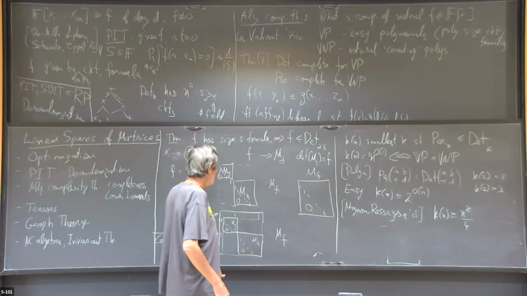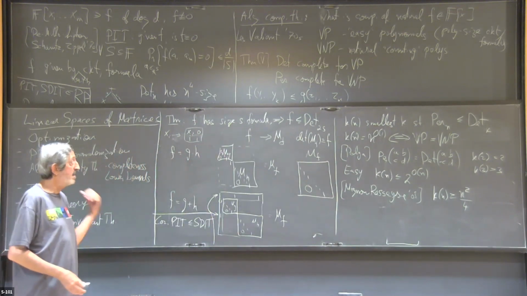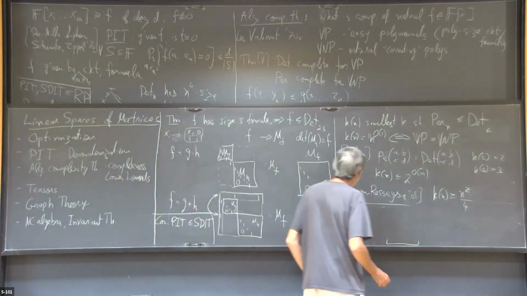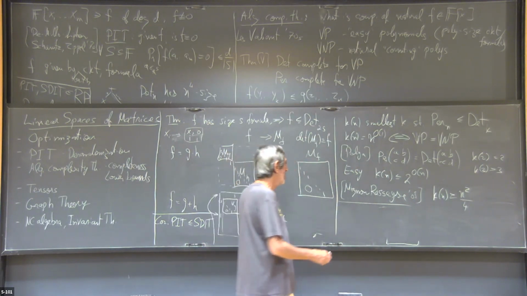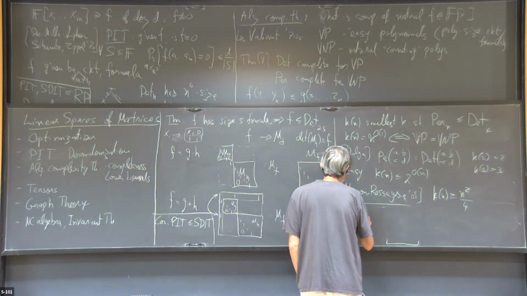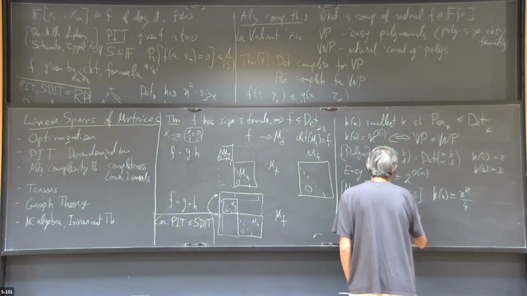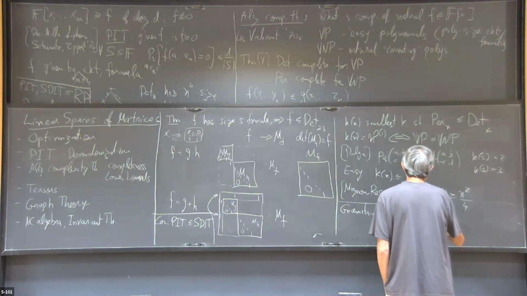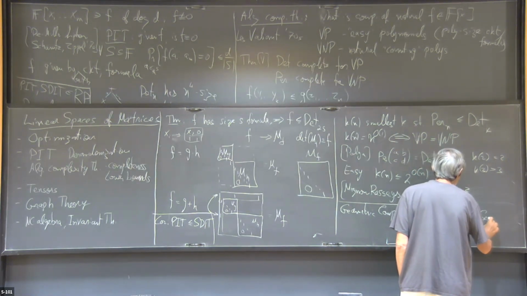Let me mention that this algebraic question of separating permanent versus determinant, or VP versus VNP, one of the attacks mounted on it was the so-called GCT, geometric complexity theory, by Mulmuley, around 2000.